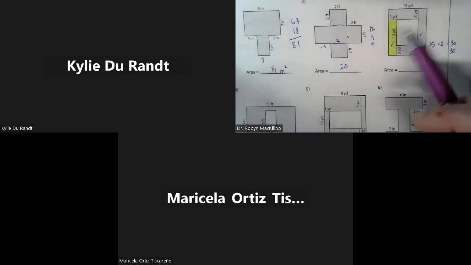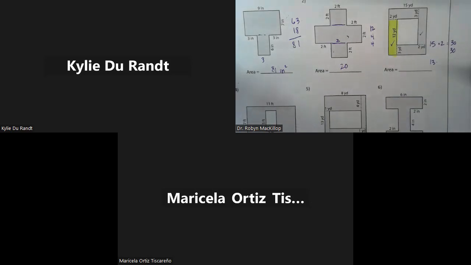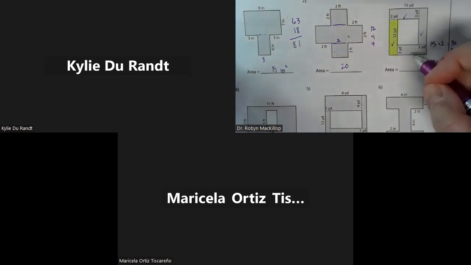And then the height is 3, or the width, however you want to say that. So we've got 13 times 3, and that is 39, right? So we've got that one, and this one's exactly the same. So now we have all 4.